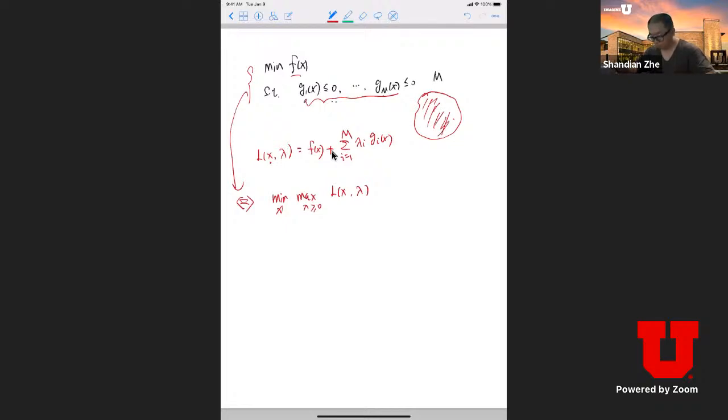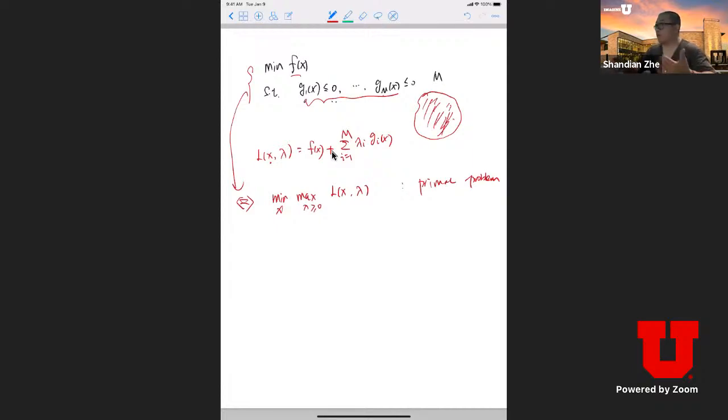The benefit of this minimax formulation is that now we only add an extra non-negative constraint. We don't need to restrict x to be in some convex nonlinear boundaries. In other words, searching for x is much easier. This is called the primal problem.